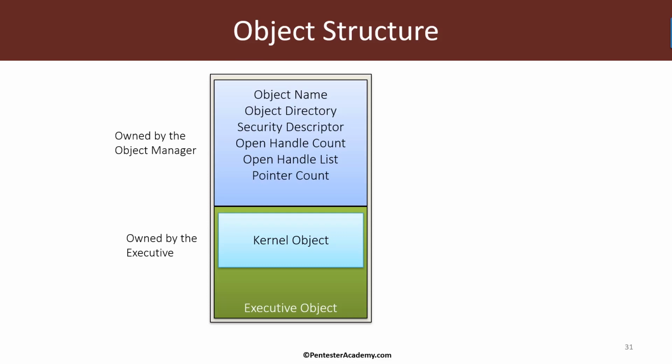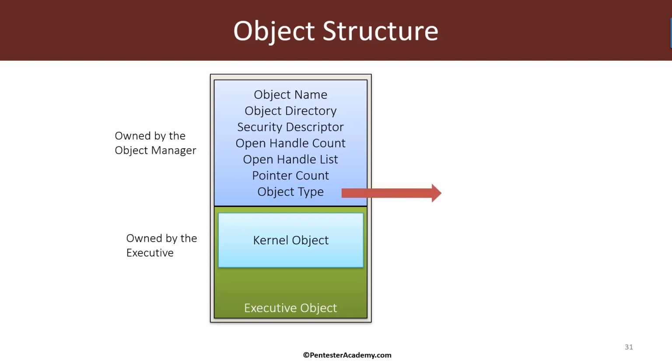There's also something called a pointer count, which is the number of kernel references to the object. The entire reference count of the object is the sum of the open handle count and the pointer count. When both of them are 0, that means the object is no longer referenced and the object manager will destroy it.